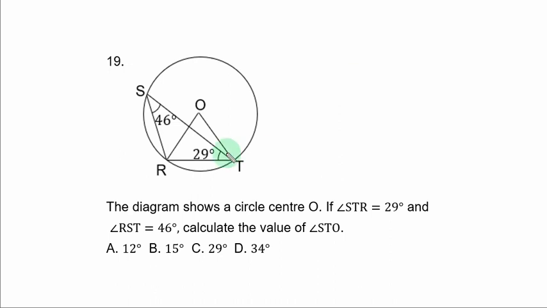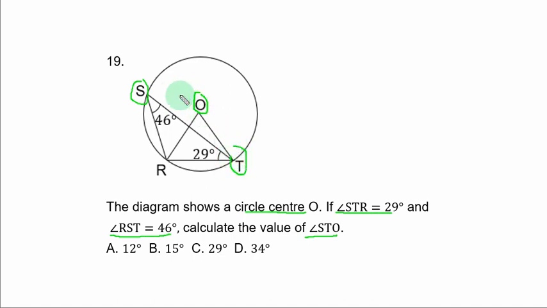Question 19. The diagram shows a circle center O. If angle STRO is 29 degrees and angle RST is 46 degrees, calculate the value of angle STO.